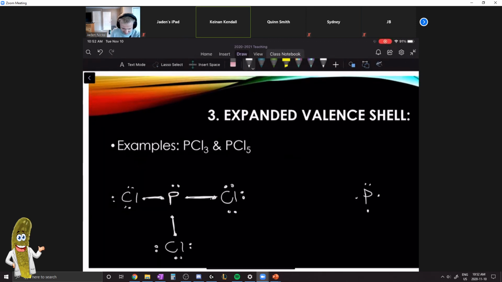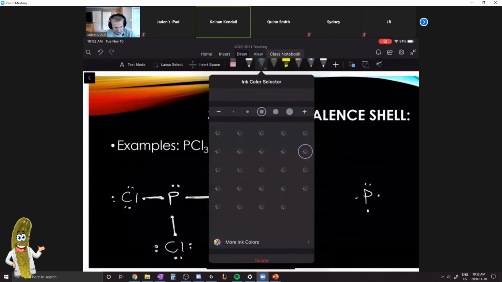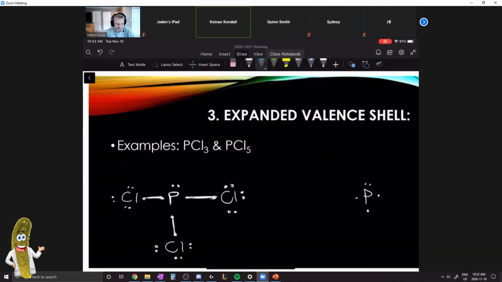You just connect the dots and you're good to go. In this case, as far as the octet rule is concerned, phosphorus has 8 surrounding electrons. So that's fine. This would be a normal molecule that we would see, and without knowing any of the exceptions, you should be able to draw this one.